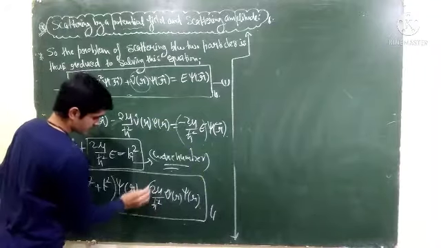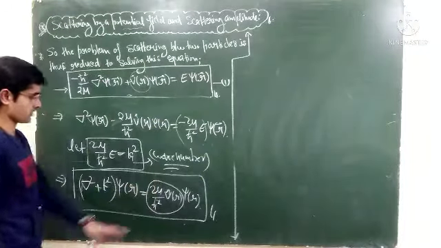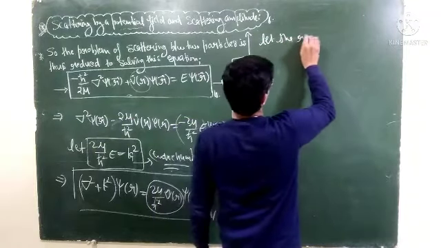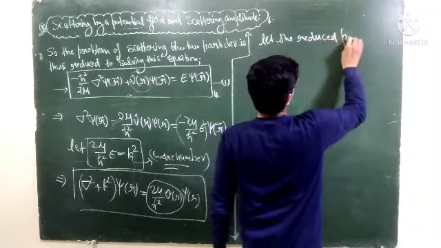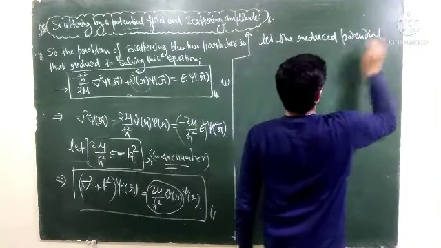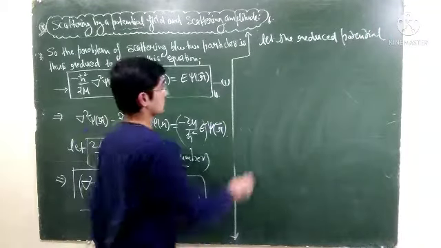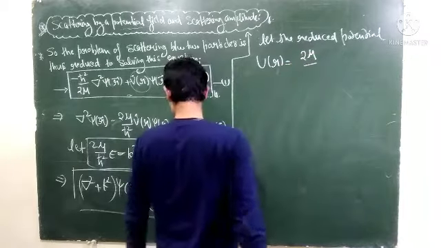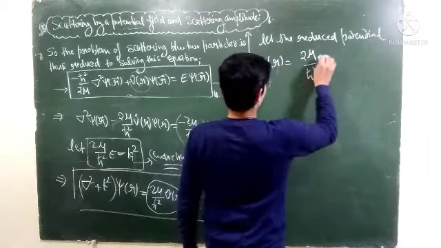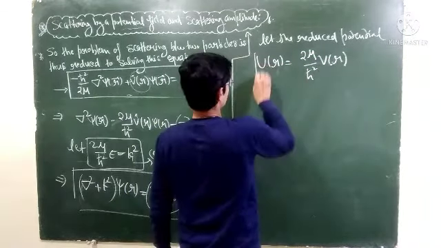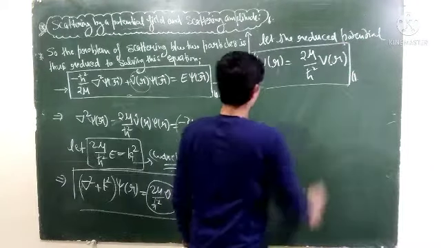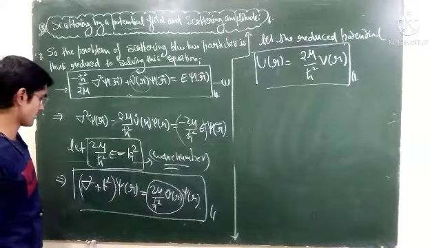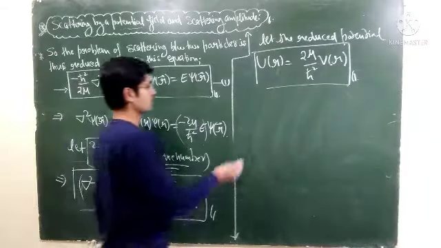So if you just assume this particular term as the reduced potential, let the reduced potential u of r be 2 mu over h cross square into the real potential. It is just to make this equation more simplified, so that it will look a little bit nicer.